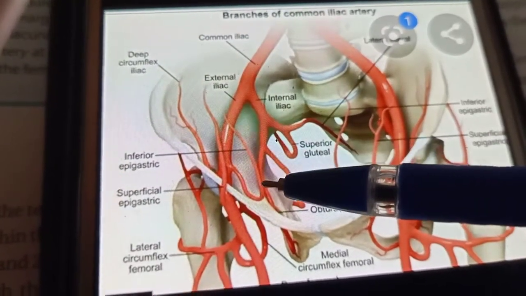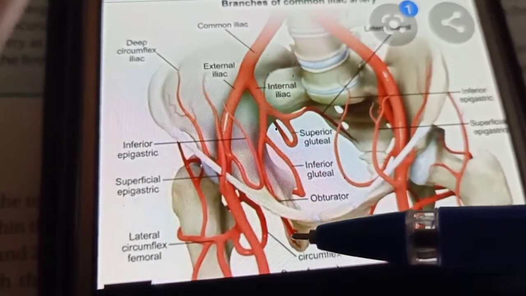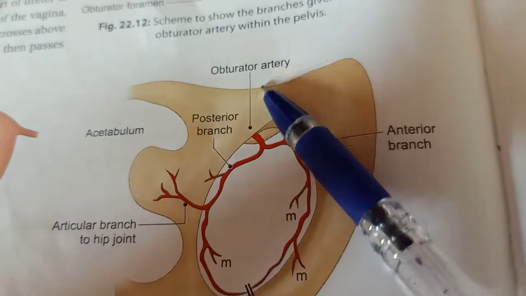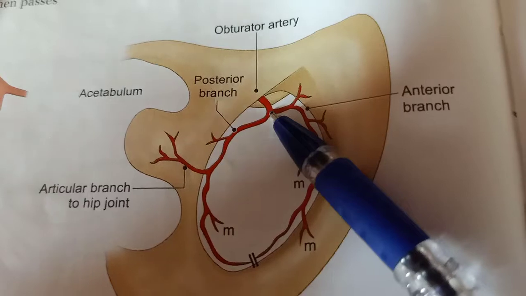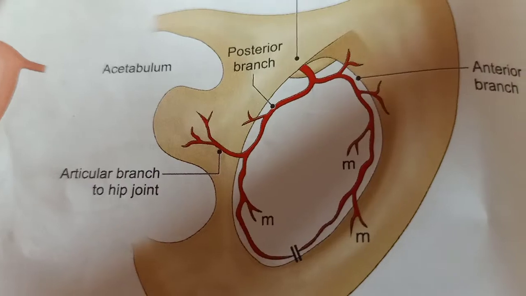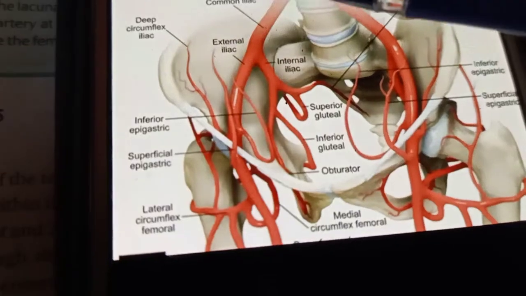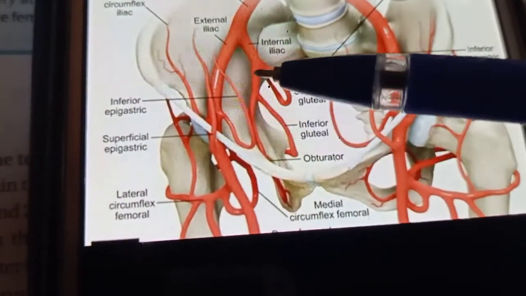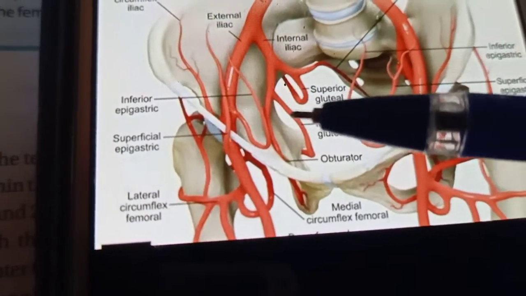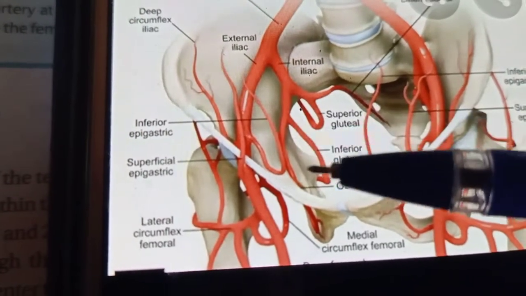It leaves the pelvic cavity through the obturator canal and in the obturator canal it divides into anterior and posterior branch. So if you see this diagram, this is the obturator artery. In the obturator canal it divides into anterior branch and the posterior branch, around the margins of the obturator canal. Now while passing through the pelvis, it gives branches to the urinary bladder, the nutrient vessels to the ileum, and also the pubic branch.